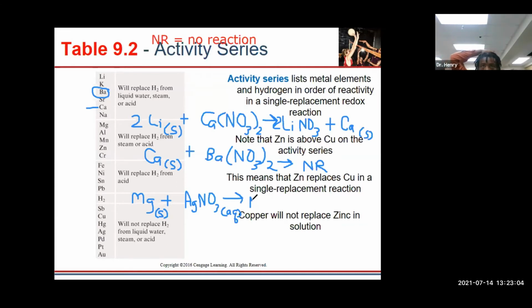MgNO3. Wait, it would be in parentheses, the nitrate. That's right. And 2.